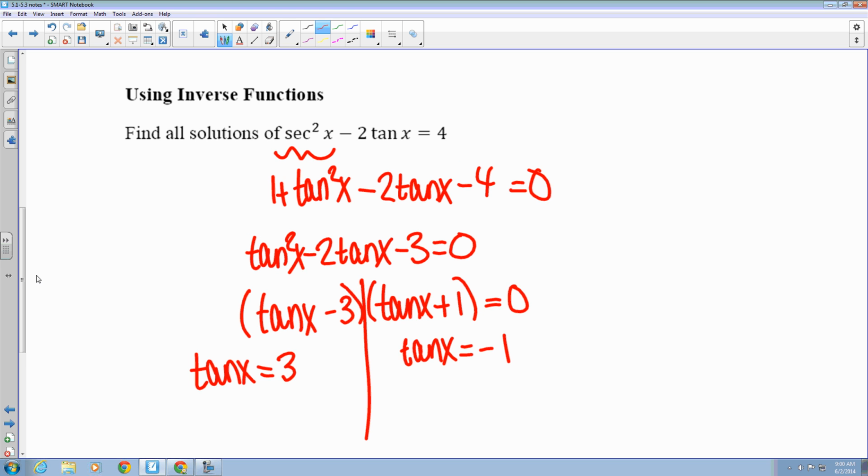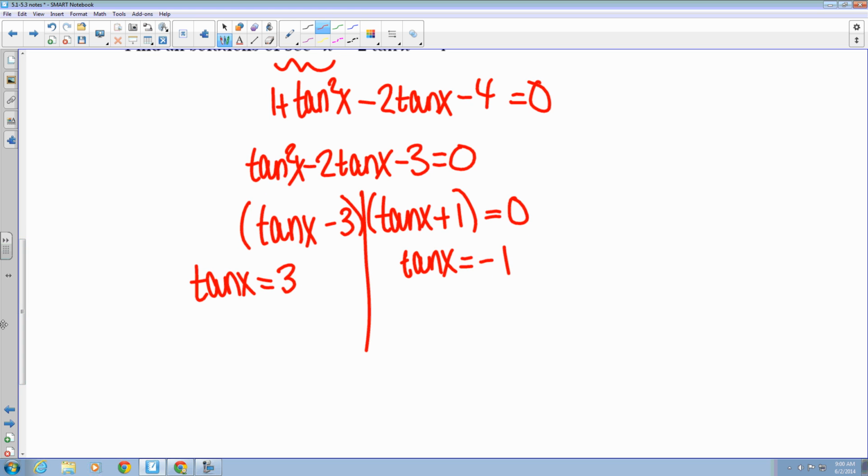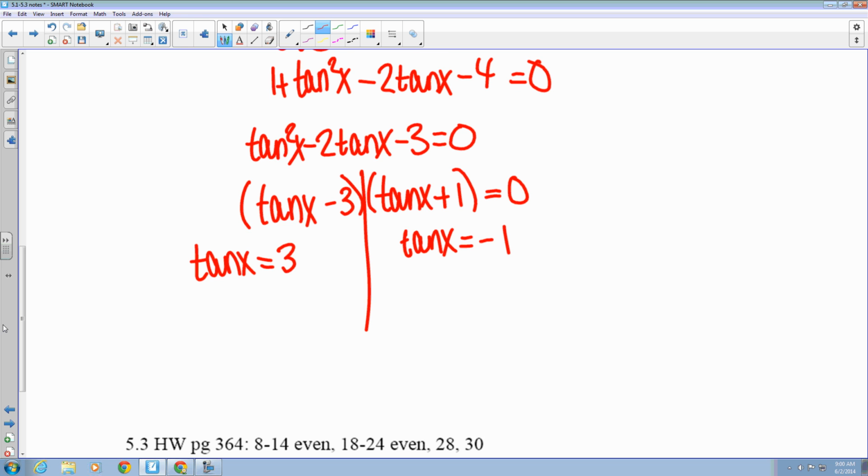I'll start with the right side because we know where tangent of x equals -1. This happens at 3 pi over 4. And the inverse tangent of 3, so the tangent is not equal to 3 anywhere on the unit circle, but if I take the inverse tangent of 3, I do get answers on my calculator, which means that it does work.